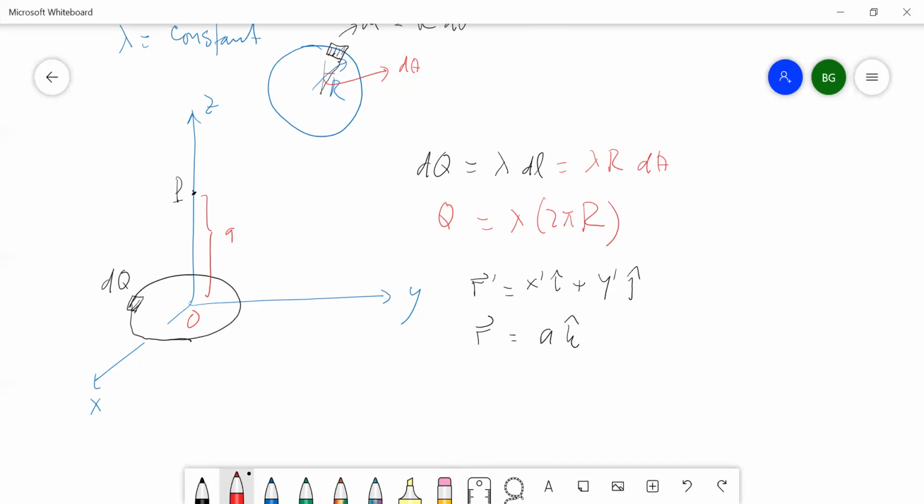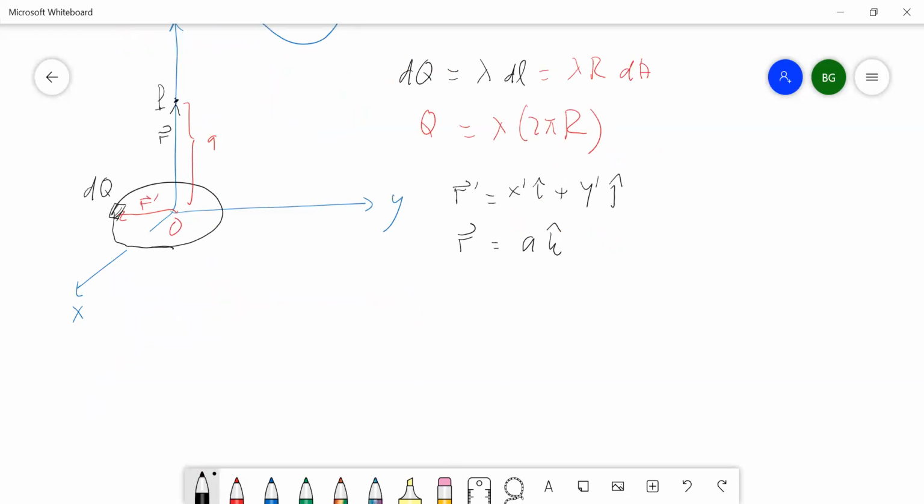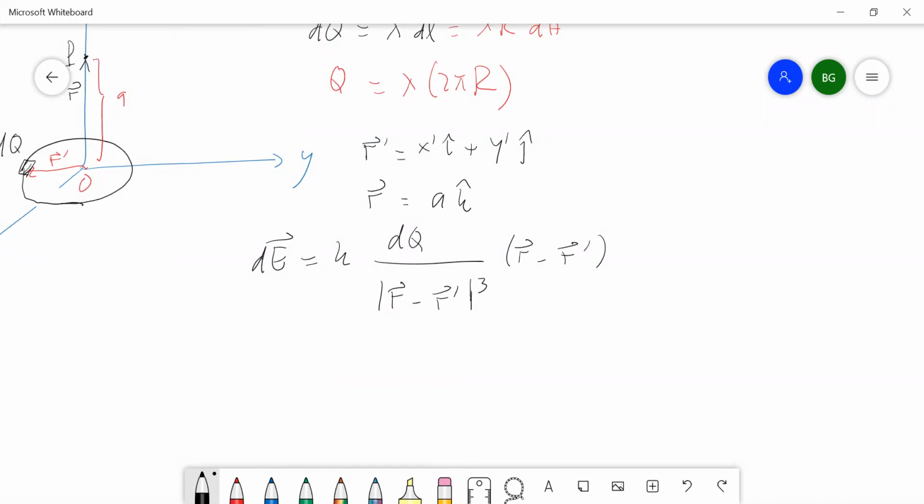So the infinitesimal electric field is dE equals k dq over the magnitude of r minus r prime cubed, times r minus r prime.